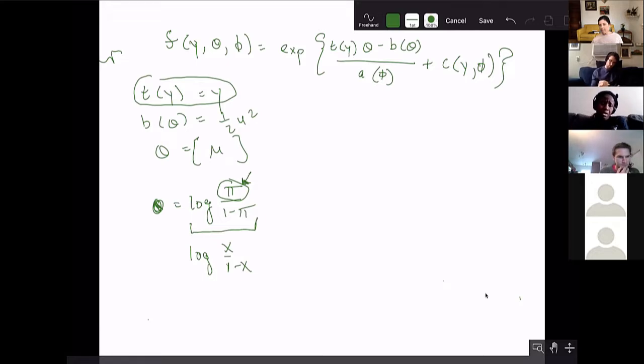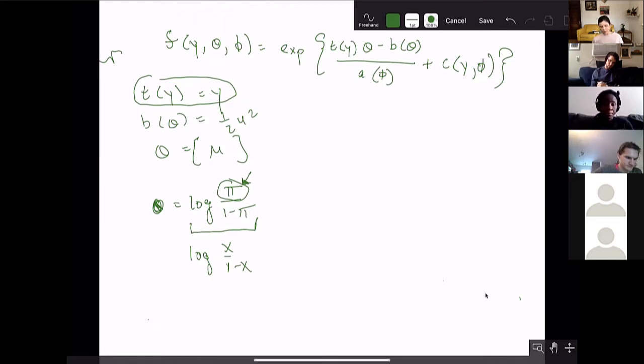So it's whatever theta is equal to? Yeah, it's the function on the right-hand side of the equation that gives you theta. So in this case, it's log of pi over 1 minus pi.